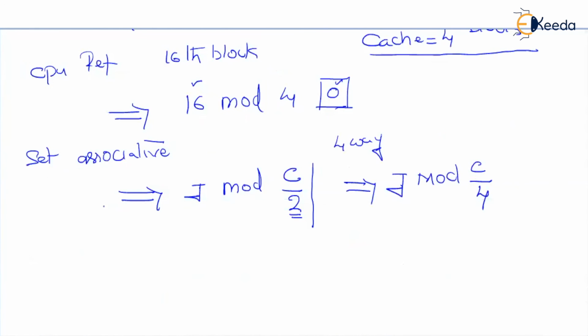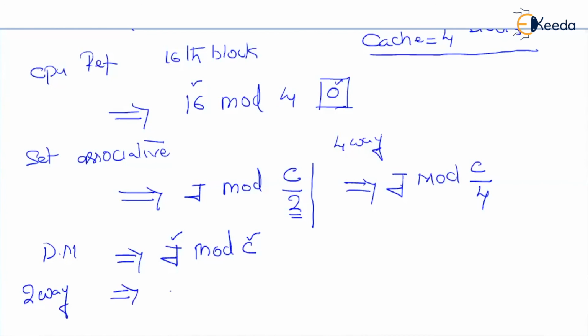So once again, in direct mapping, J mod C. J is the reference block, C is the total number of blocks. In set associative, it will be J mod (C by 2). J is the reference block, C by 2 is the total number of sets in the cache memory.